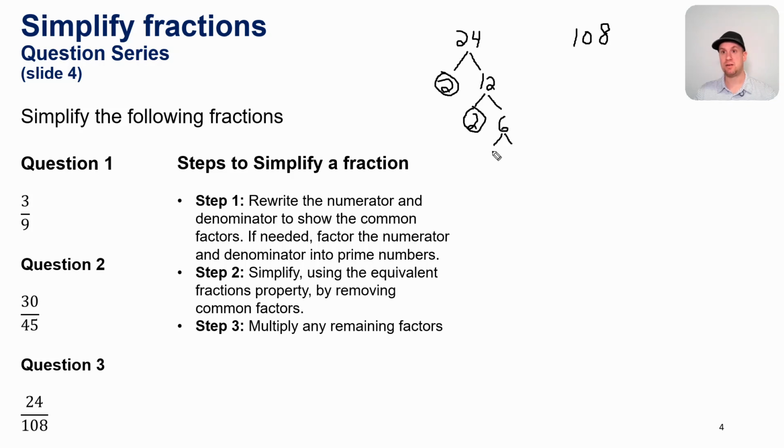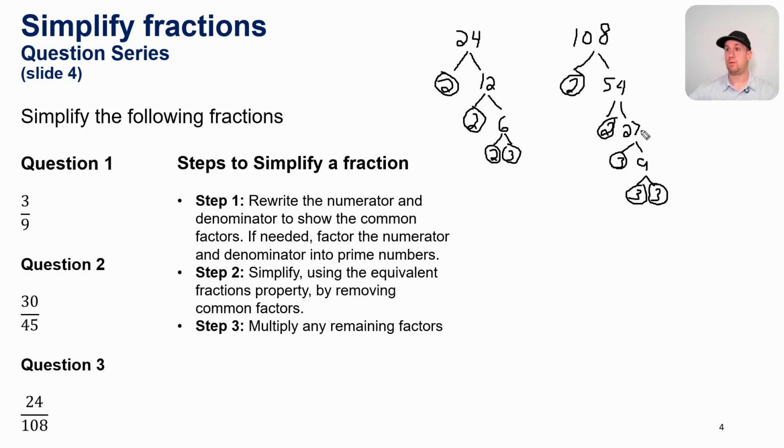And 6 can be reduced down to 2 and 3 here. 2 more prime numbers. 108 then can be reduced down to 2 and 54. 54 can be further reduced down to 2 and 27. 27 can be reduced to 3 and 9. And then 9 can be reduced down to 3 and 3. So 108 definitely has a much longer list of those prime factors, right?